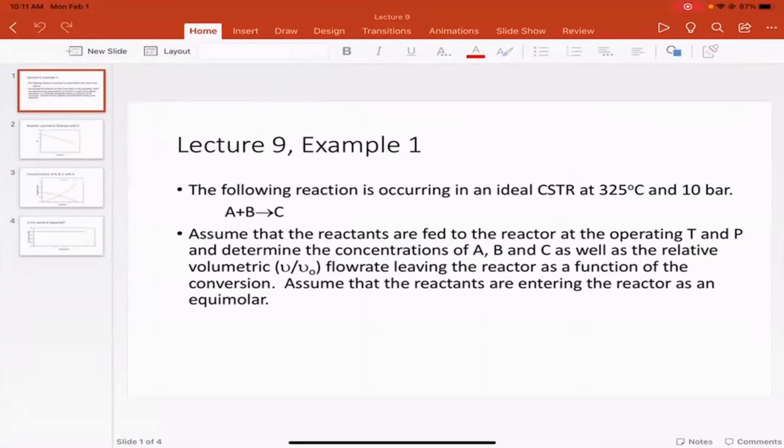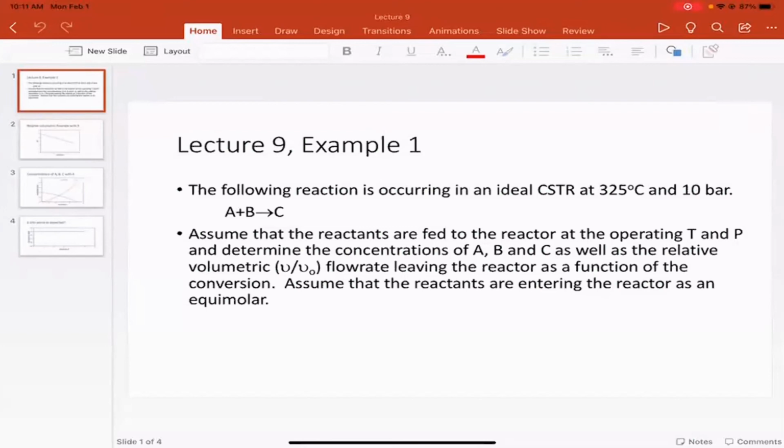The example we're going to work on today is that we have the following gas phase reaction in an ideal CSTR at 325 degrees C and 10 bars. We have A plus B goes to C, and we're told that we can assume that reactants are fed to the reactor at the operating temperature and pressure, and we're supposed to determine the concentrations of A, B, and C, as well as the relative volumetric flow rate as a function of the conversion.